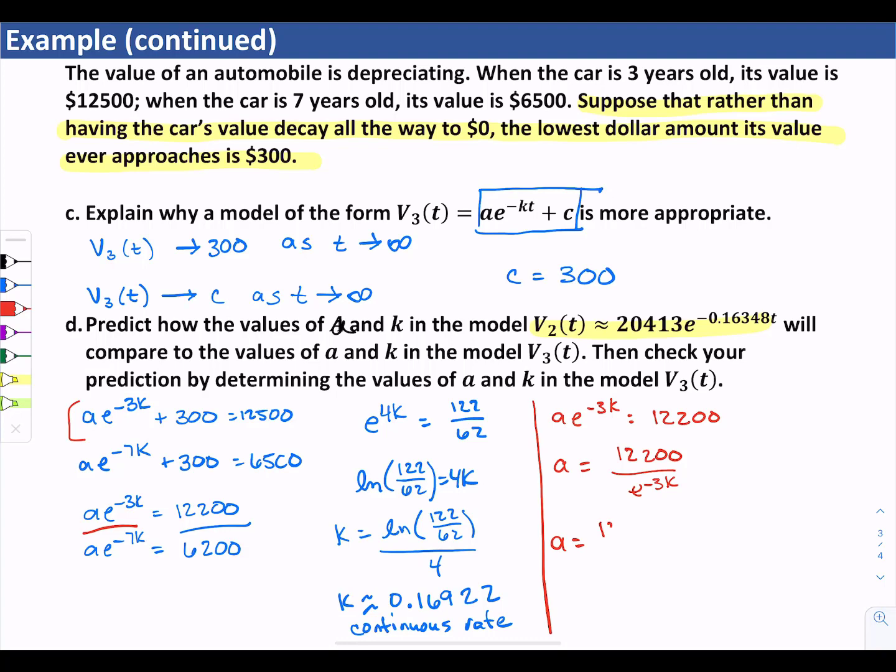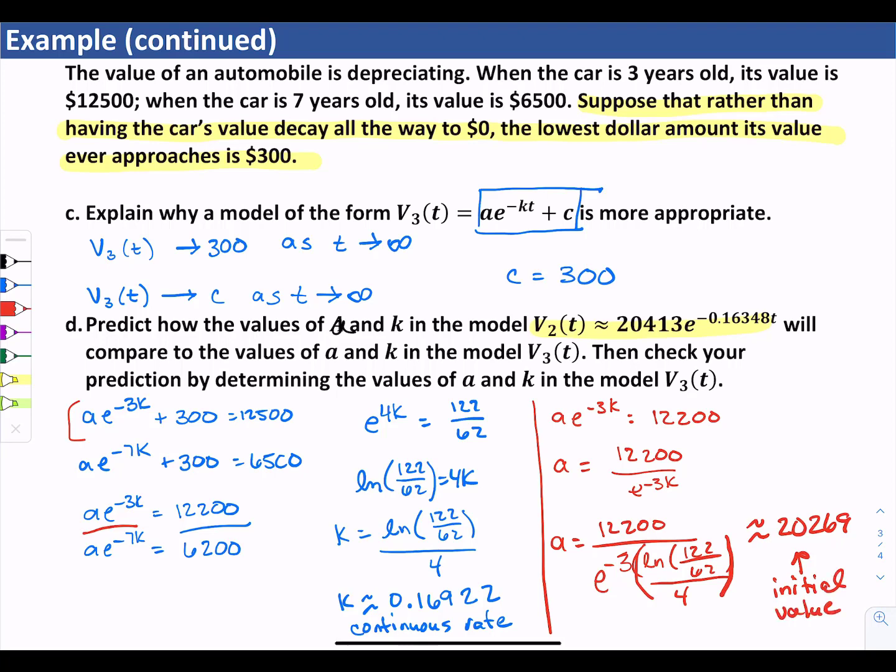So a is exactly 12,200 divided by e to the negative 3 times the quantity natural log of 122 divided by 62, that's all divided by 4. That's all supposed to be in the exponent. And that is going to be approximately 20,269. And that would be the initial value of the car.